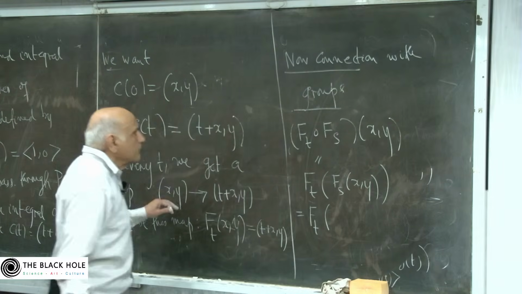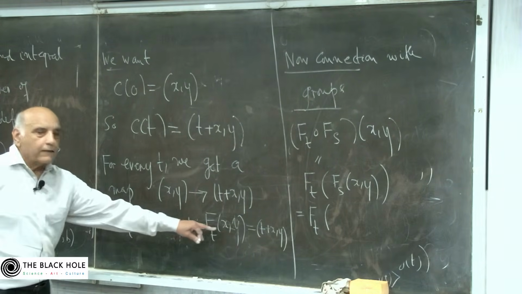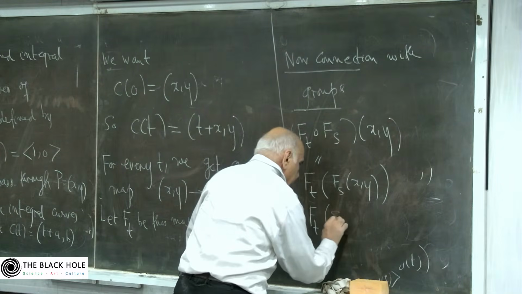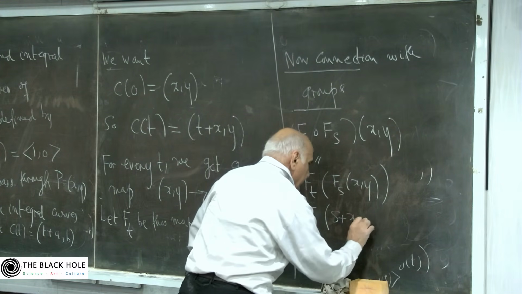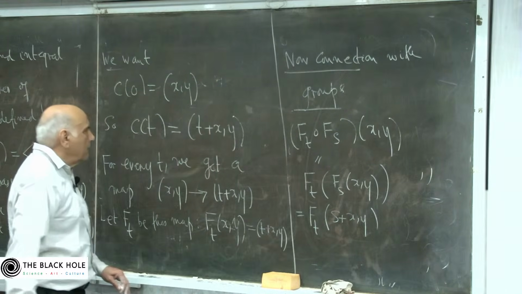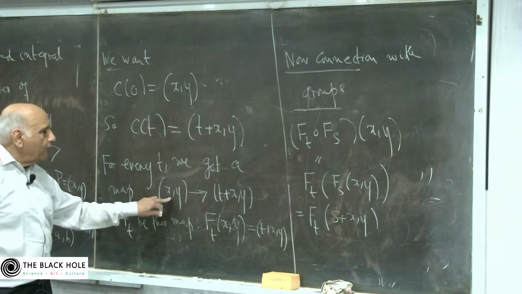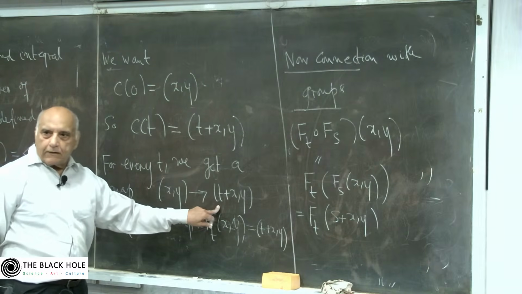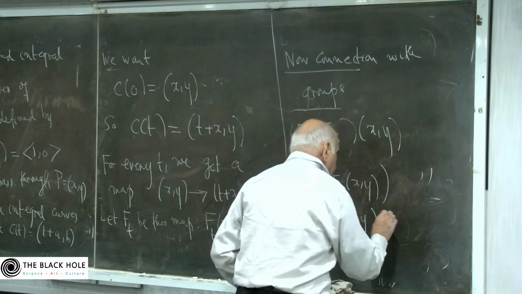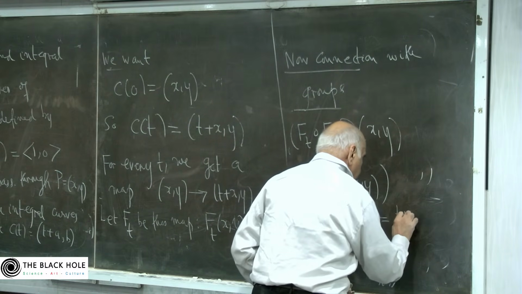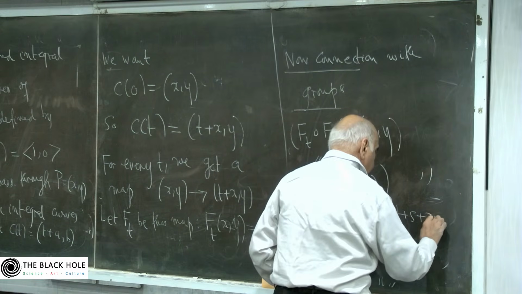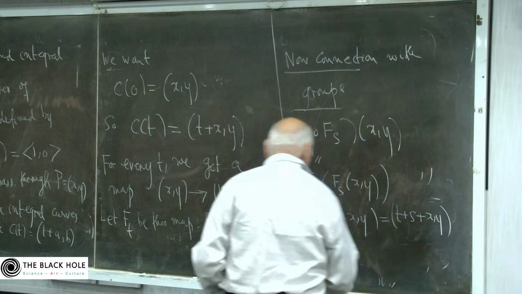Here. S plus x and y is s plus x. And what is F of t of this? F of t of any point is you add t to that. So it is equal to t plus s plus x comma y. And what is this?